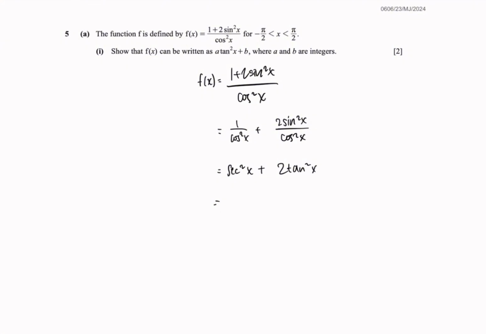And then you can use the identity 1 plus tan square x is equal to secant square x to simplify secant square x. So you'll replace it with 1 plus tan square x plus 2 tan square x. And this will give you 3 tan square x plus 1. And this is in the form that the question wants.